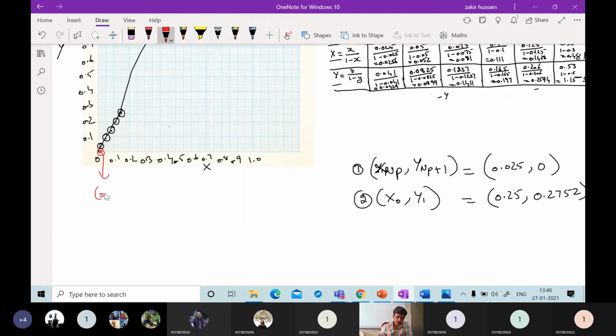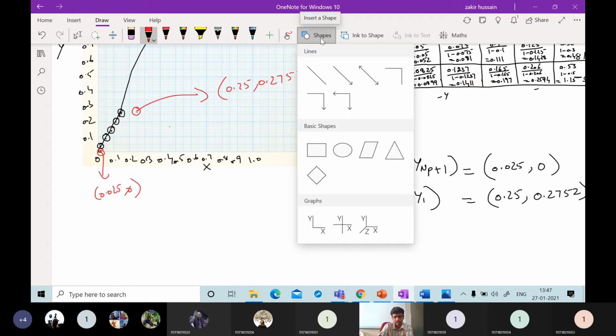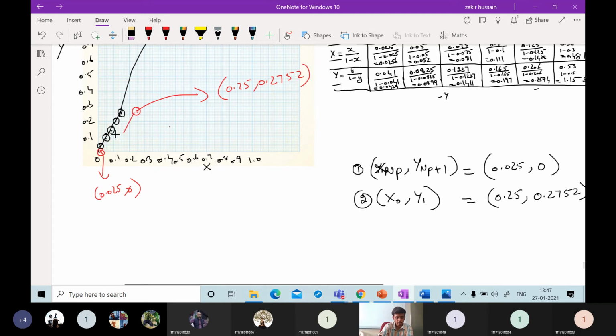So this point is 0.025 comma 0, and the next point is 0.25 comma 0.2752. This one is 0.25 and 0.2752. 0.27 is almost here, 6, 7. Here it will come. Now we have to connect these two points with a straight line. Then that line is called the operating line.